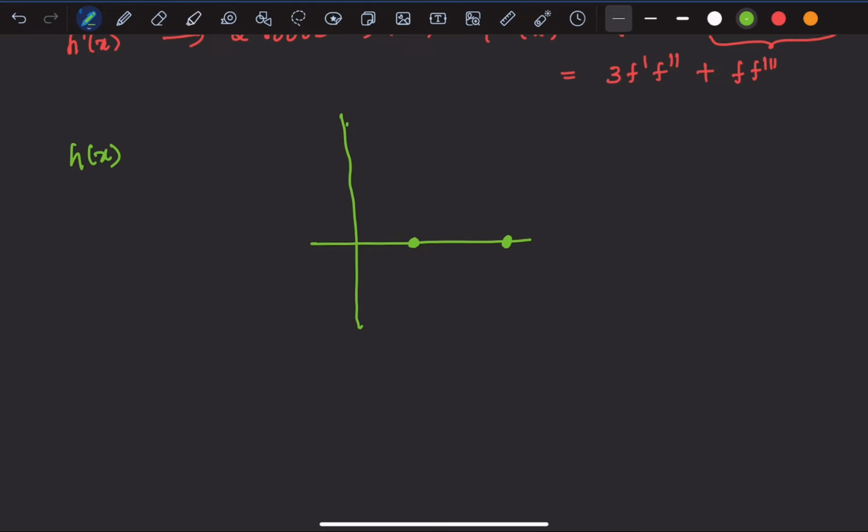So if you draw the graph of this function, h of x can be like this, or h of x can be like this. All right. So these are the two possible scenarios that can happen.